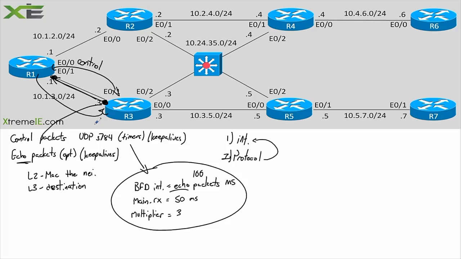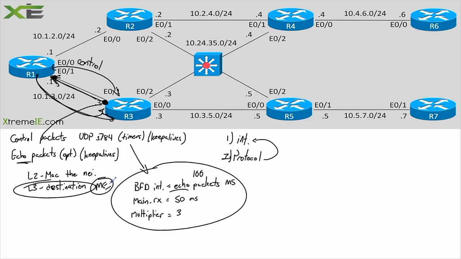Because BFD, which by the way is a totally isolated protocol from BGP and OSPF and all these different protocols, is going to send me a packet to the layer 2 destination, the neighbor, and then R1 is going to send it back because the layer 3 destination is actually going to be me.